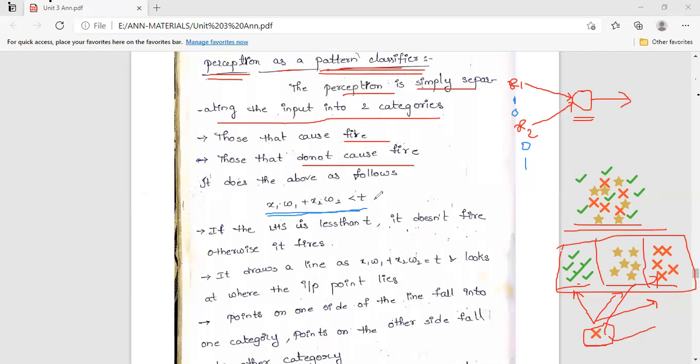What is the meaning of this? Each and every input signal basically has some weight. W1 for X1, and for X2 there is a weight W2, isn't it? So these are the values. Whenever you want to get the summation of this function, you already know the formula: sigma xi into wi.